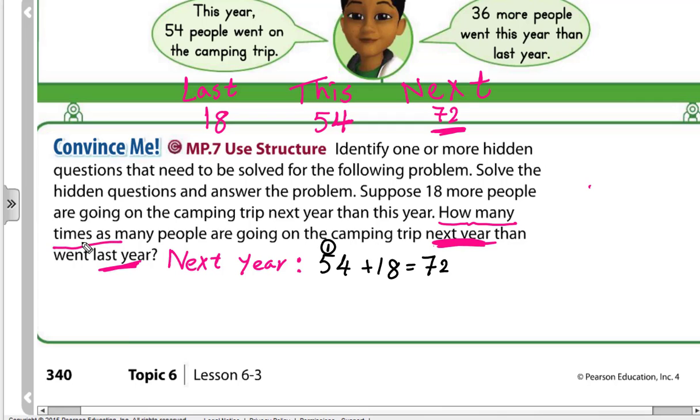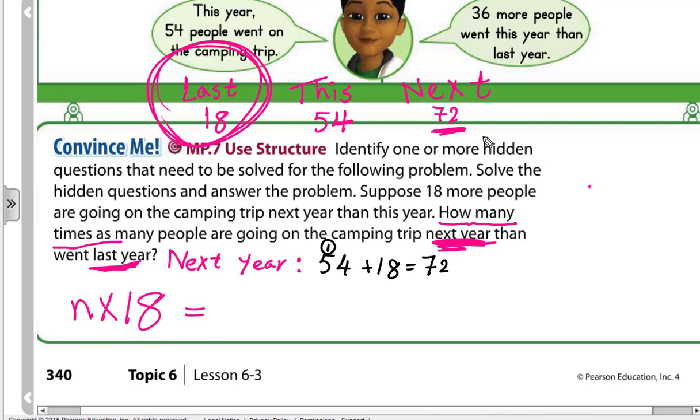What do we mean by how many times? This is multiplication, right? Yes. Okay, so give me any letter. N. Okay, N times last year to get next year. What's last year? 18.